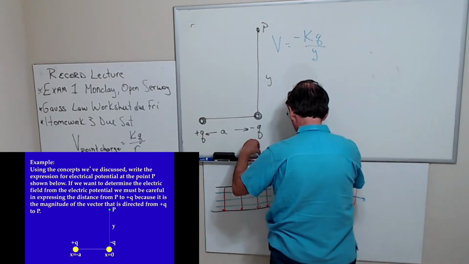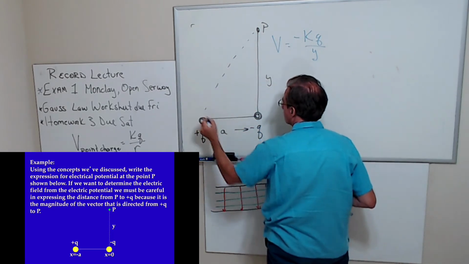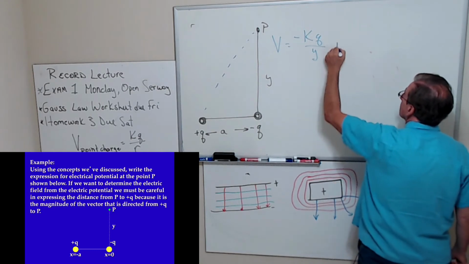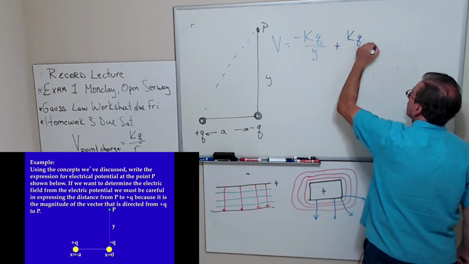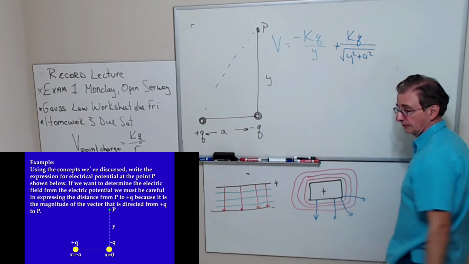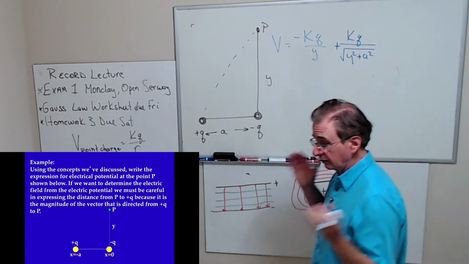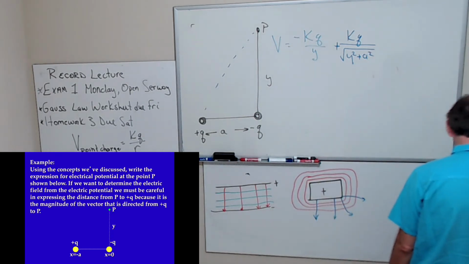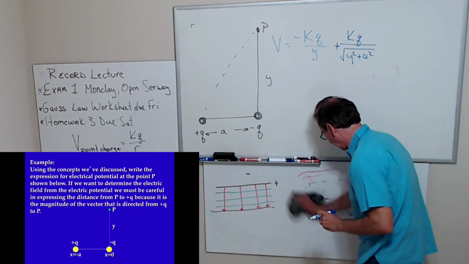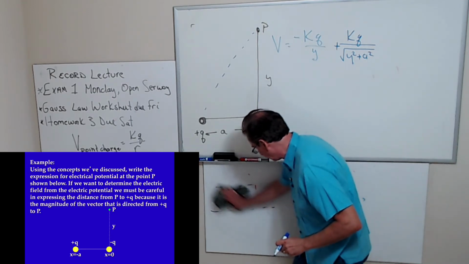I just need to know this distance. This distance is the square root of a squared plus y squared. Okay? That's it, I'm done. I found the electrical potential. That was easy. And as I said, for discrete charge distributions, finding these is easy.